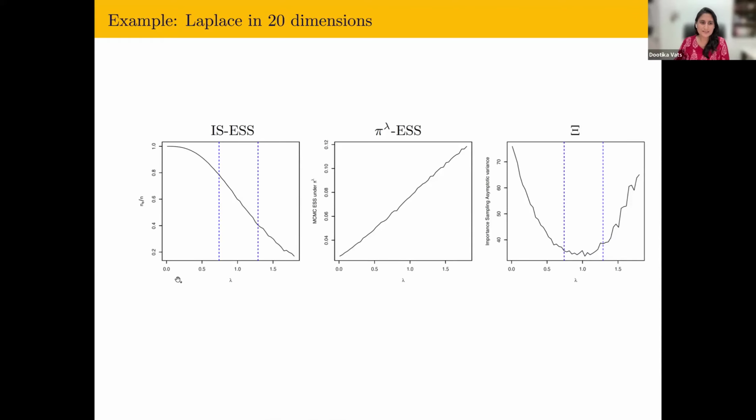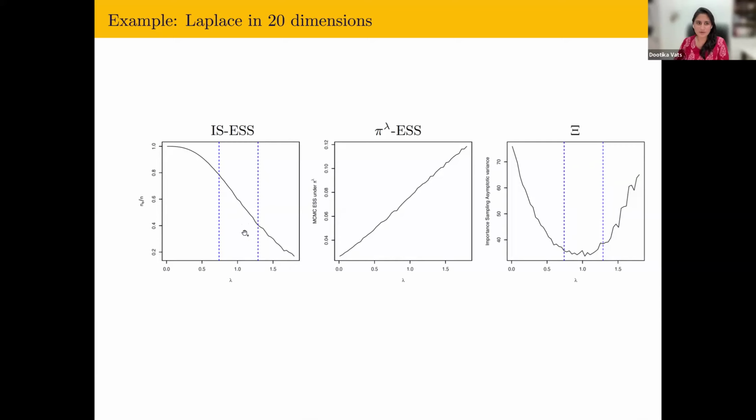And so here's what happens. As a function of lambda, we choose various lambda, and then I look at NE by N. In the first plot, the importance sampling effective sample size decreases and continues to decrease as lambda increases, which makes sense because pi lambda is increasingly becoming more and more different from pi. My vertical lines are the values of lambda at which I get NE by N to be equal to 0.4 and 0.8.